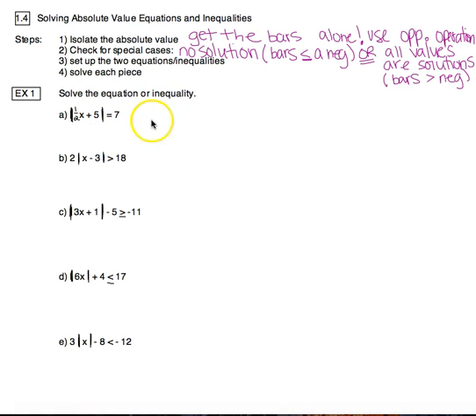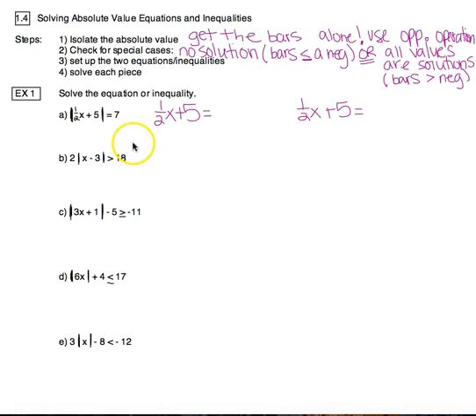Set up the two equations. Now, no matter which type it is, all five of these, when you set up the two equations or inequalities, you don't change what was inside the bars. So I'm going to write for both of the equations that I set up, I'm going to start with 1/2 x plus 5. And of course, in this case, my symbol in both is an equals.